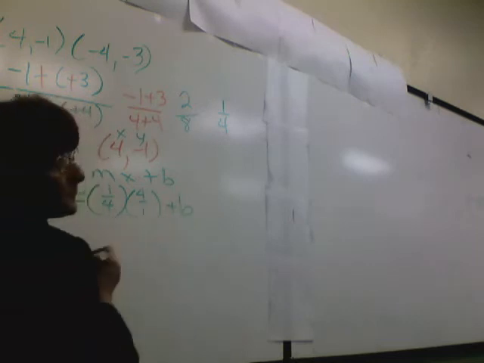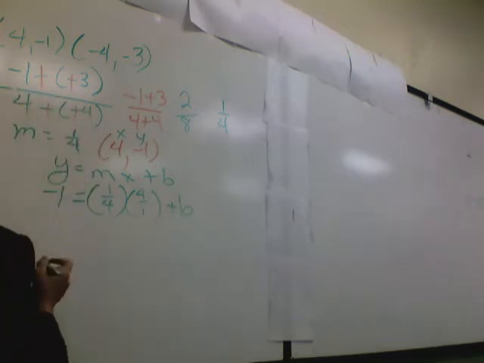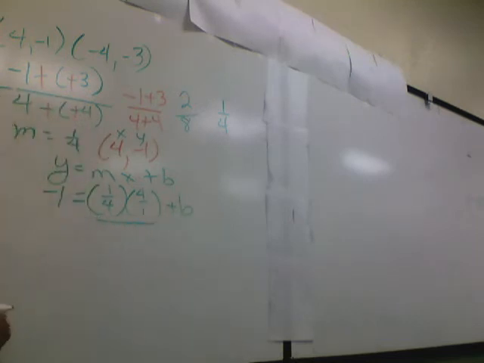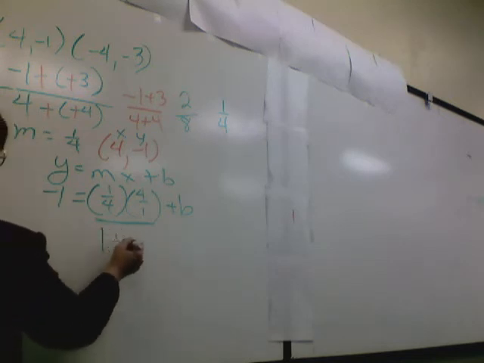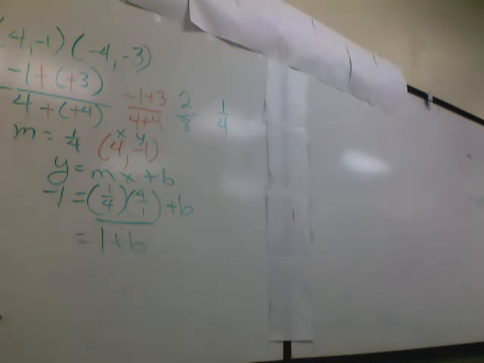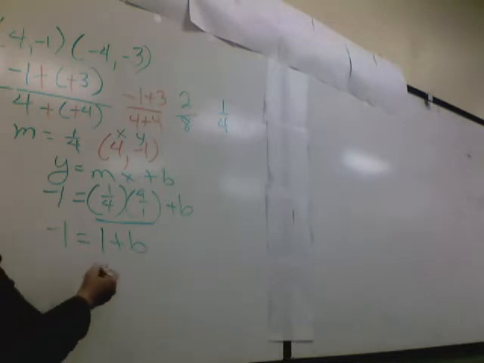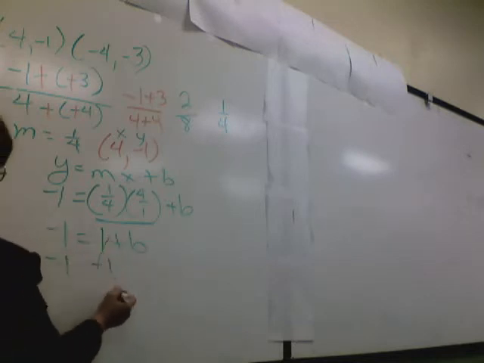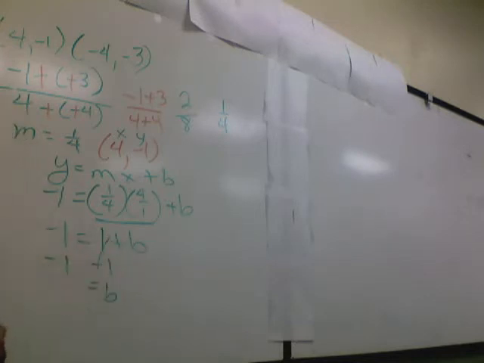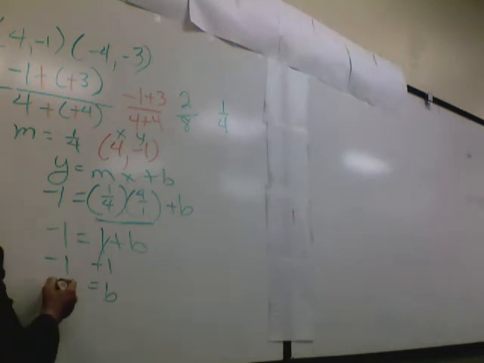See that? Okay. 1/4 times 4? 1. Plus b on that side, negative 1 on this side. How do you solve it? Subtract 1 on both sides. B equals negative 2.